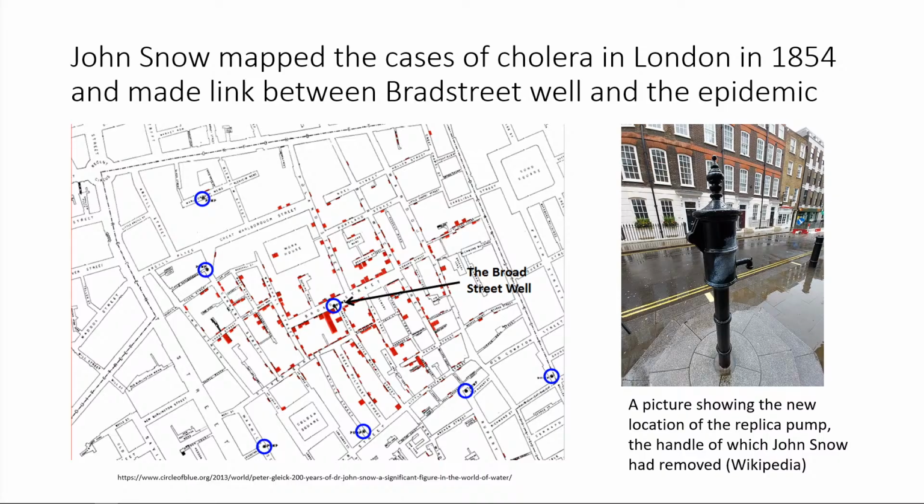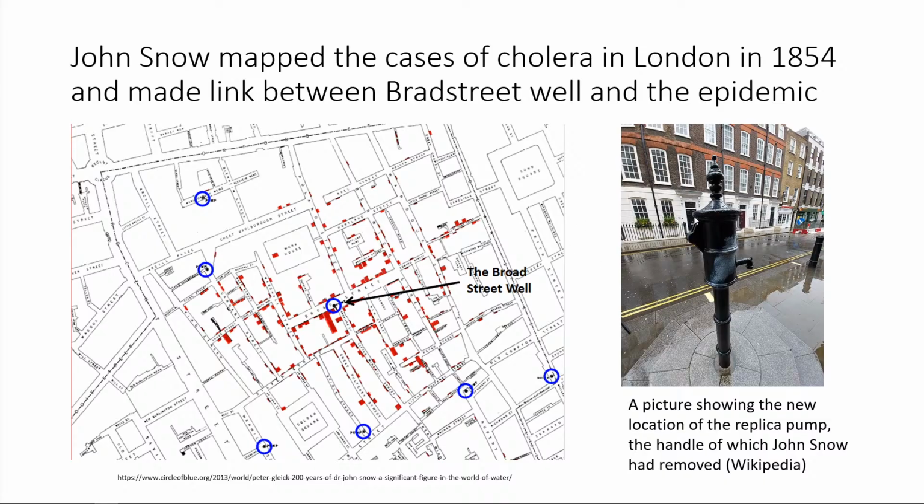So basically the wastewater would just contaminate the water that they were drinking from, and that contamination led to the outbreak of cholera. He figured out that this is the well where people were getting water from, and that's why all these cases are around this well. And he went there and removed the handle of this well.